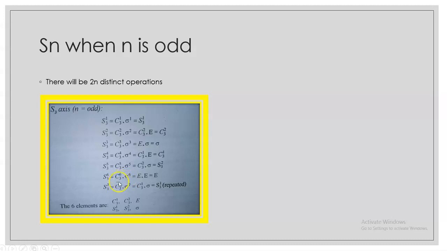So C3-6 can be written as C3-3 into C3-3. So both are identity. So overall this is identity, and so it stops here. So this particular S3 axis is generating 6 elements, namely C3-1, C3-2, S3-1, S3-2, E and sigma.